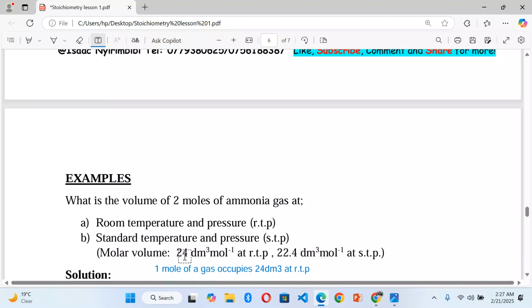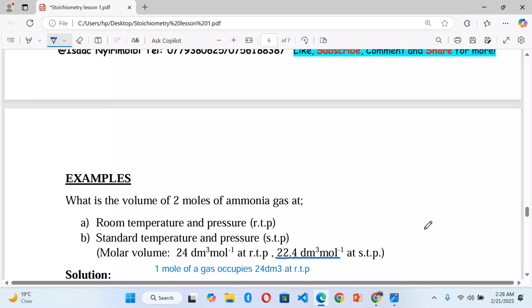When we say 24 decimeter cubed per mole at RTP, they are saying that 1 mole of a gas occupies 24 decimeter cubed at RTP, which means, on the other hand, that 1 mole of a gas occupies 22.4 decimeter cubed at STP.